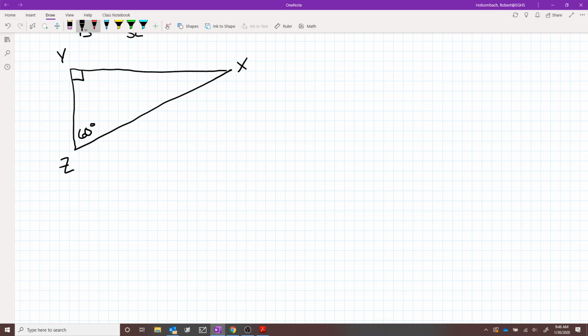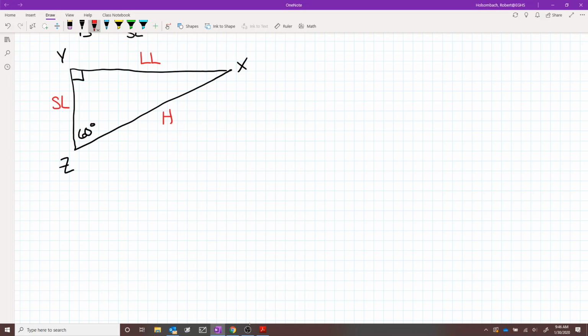I like to label the sides. Side YX, which side is that? That's the long leg. Side XZ, that's the hypotenuse, right? It's opposite the 90. What about side YZ? What's left? It's got to be the short leg, doesn't it?